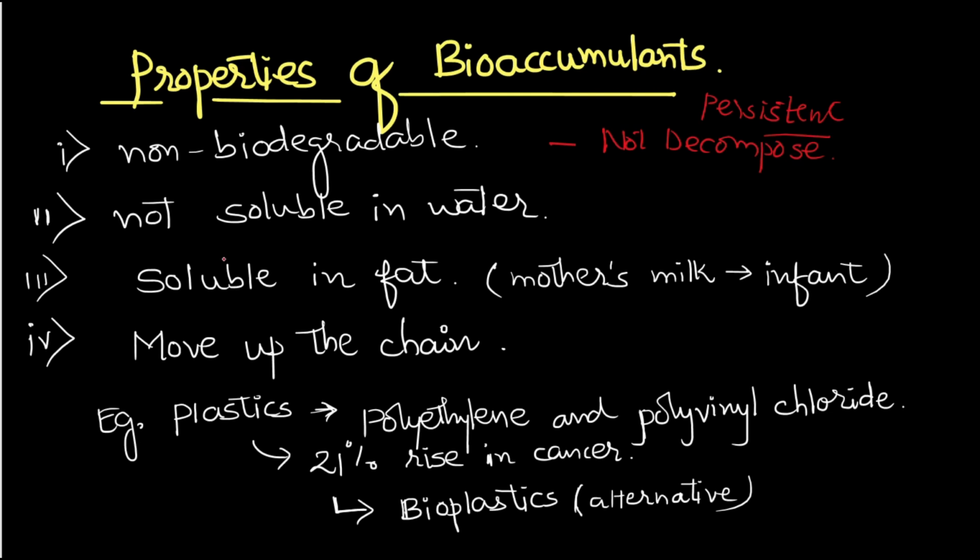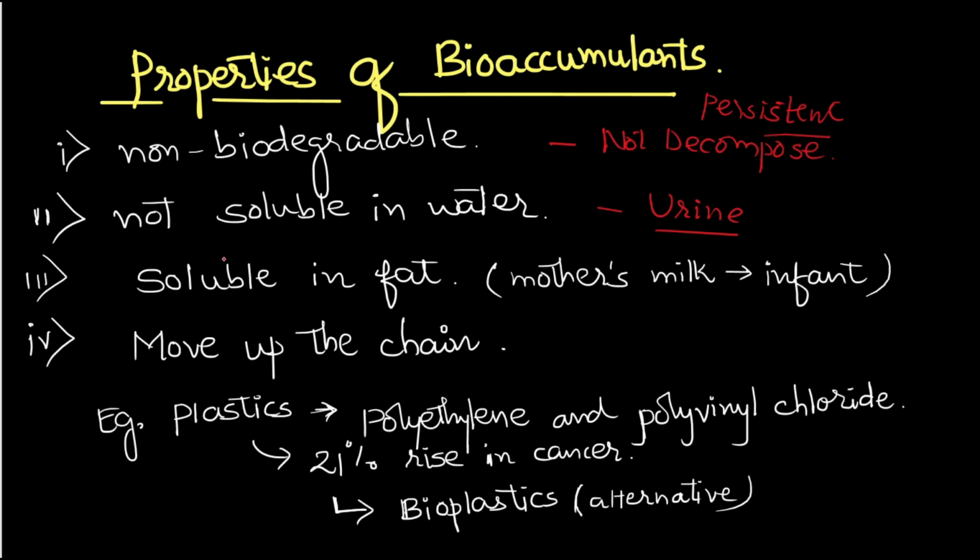They are not soluble in water. So when our body produces urine, for example, if that pollutant has already entered our food chain and is present in our body, then when the body produces waste material, such as urine, the pollutant is not soluble in water, and as a result it does not come out with urine.